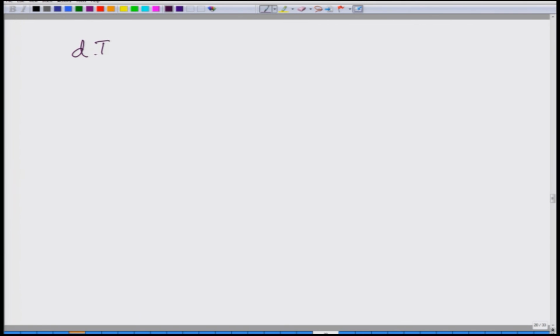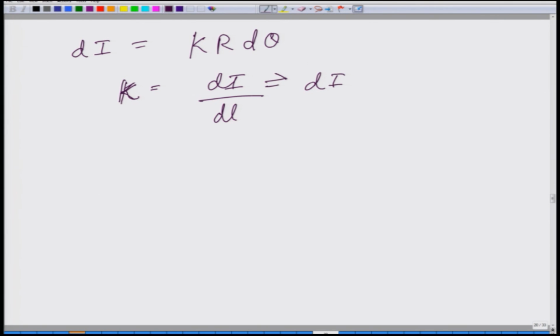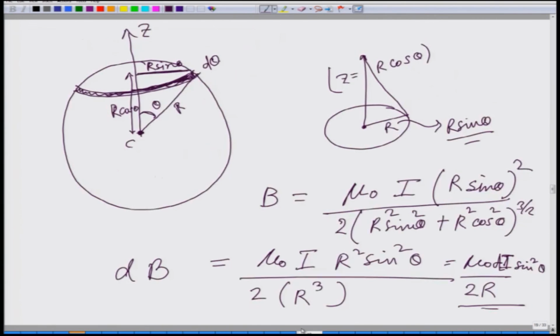Now, what is dI? dI is k r d theta, because you know that k is the surface current density, which is the current per unit length perpendicular to the flow. So, I can write dI as k r d theta. Let us now write k as sigma v. Here the spherical shell is spinning with an angular velocity omega, and it has a charge density sigma.